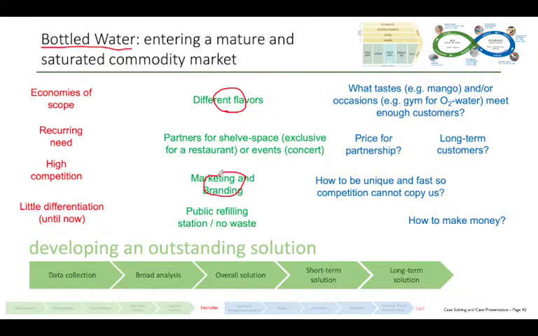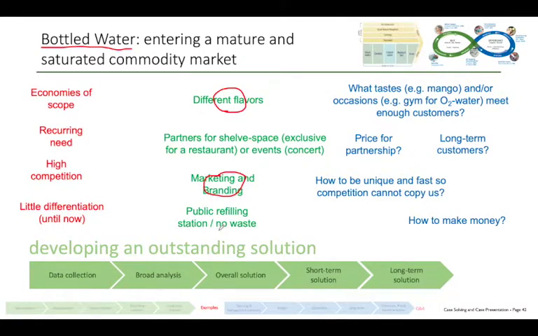Yes, so we have to be unique, we have to be fast, we have to innovate, and here we might have ideas to work with trendsetters, might be universities, might be artists, so that we can try to come up with solutions that help us to reiterate marketing fast enough so the competition cannot copy us.